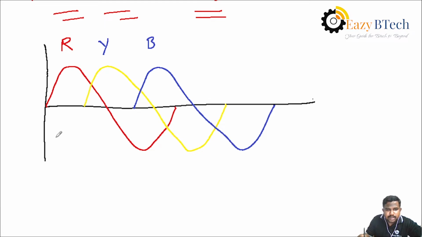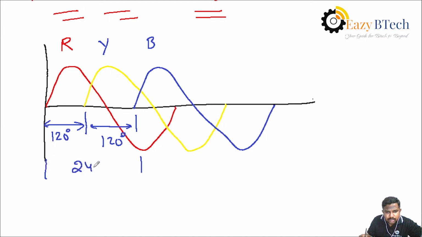Here in three phase circuits, the important point is the phase difference between any two phases, that is 120 degrees. That is, at each 120 degrees, the next phase line will start. The total difference between R and B is 240 degrees.